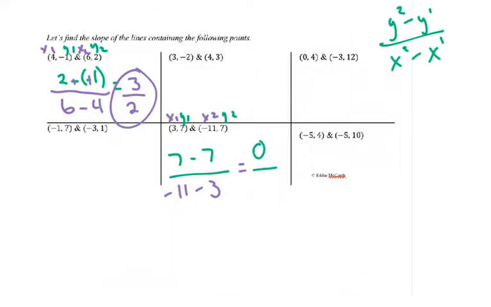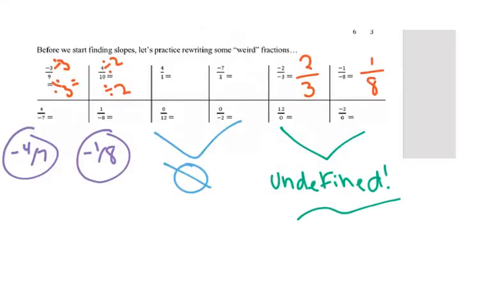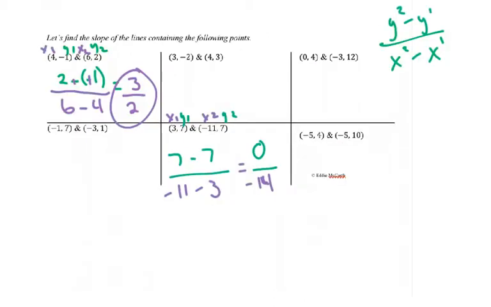And then a negative 11 minus 3, they're the same sign, they're both negatives. So we combine them and we keep the sign, which is negative 14. 0 divided by negative 14. What did we learn about on this page about anything 0 divided by? We learned that it would be 0. So that means that the slope in this case is a 0 slope, which means it would be a straight line like that. No slope, just a nice flat line.